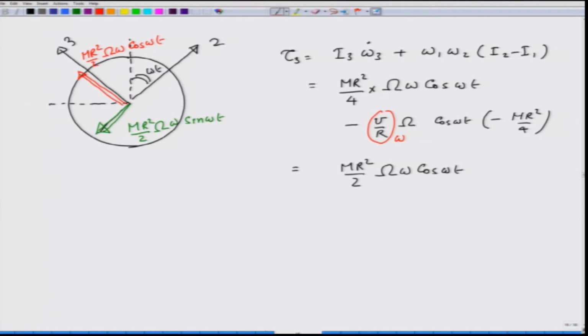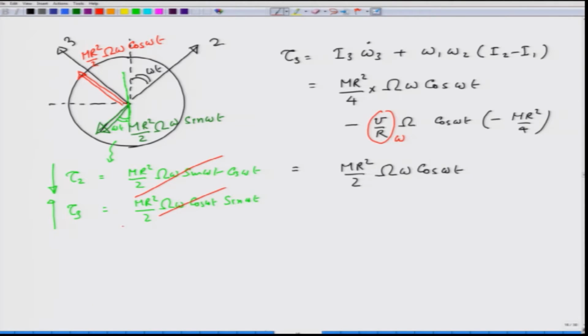If you take the components in the vertical direction, if I take these components, they are going to cancel, because tau 2 vertical component is going to be equal to mr square over 2 capital omega, omega sine of omega t, and this angle out here is again omega t, cosine of omega t, and tau 3, which is going to be in the up direction, is going to be mr square over 2 capital omega, omega cosine of omega t times sine of omega t, and therefore, these two terms cancel.